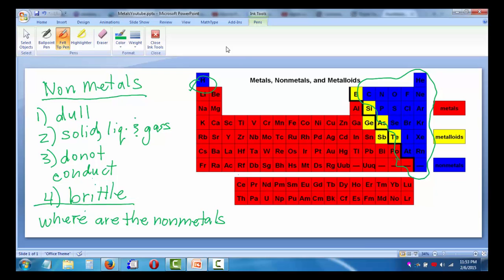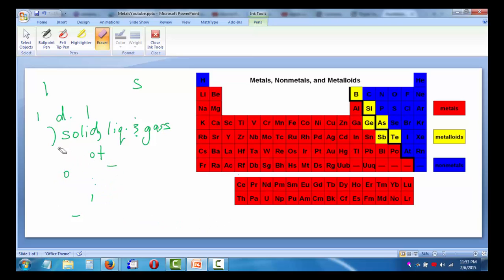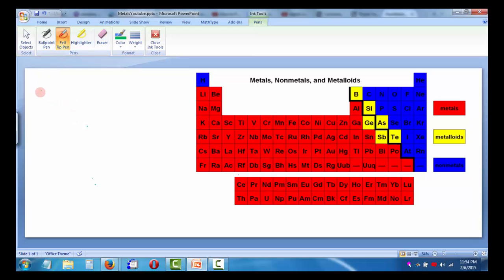And we have one more area to discuss. And that area would be what we call the metalloids.